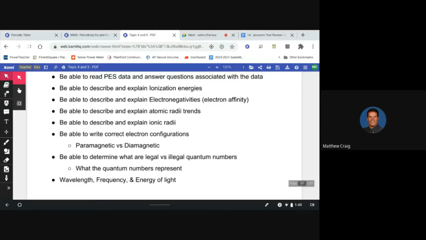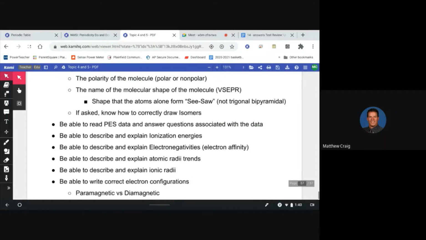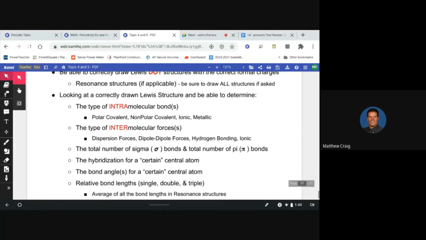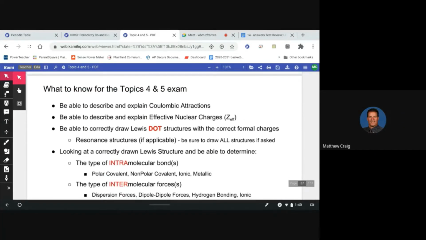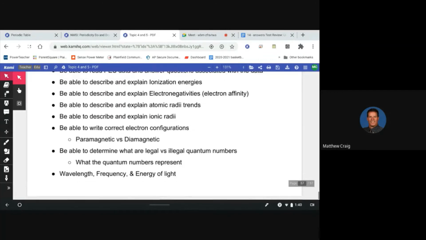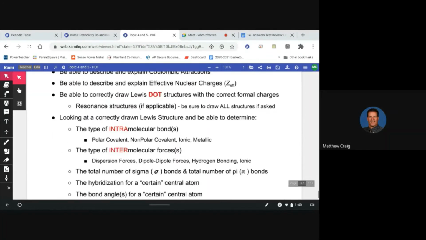And last but not least, this will be the calculator portion. And yes, you will have a calculator for this on Friday that has wavelength, frequency, and the energy of light. So a lot of good stuff here. And keep in mind that when we get to the AP exam in May, 20% of the material, you're looking right at this page. That is 20% of the AP exam right there.